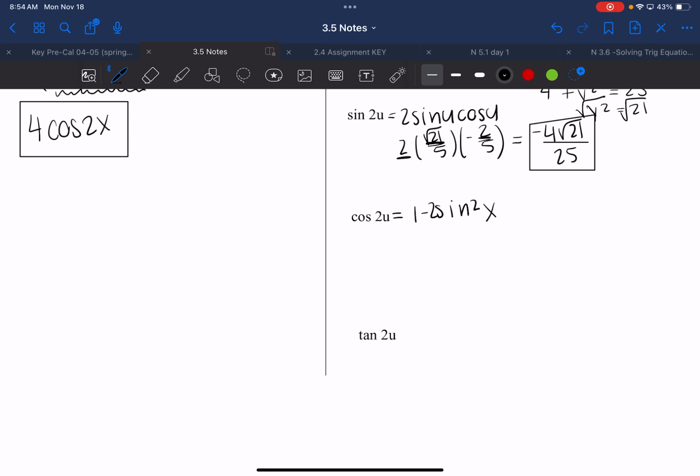Okay? What is sine in this figure? What is sine in this picture? So this would be 1 minus 2 times root 21 over that hypotenuse 5 squared. Okay? You can use any of those 3 formulas from the front page.